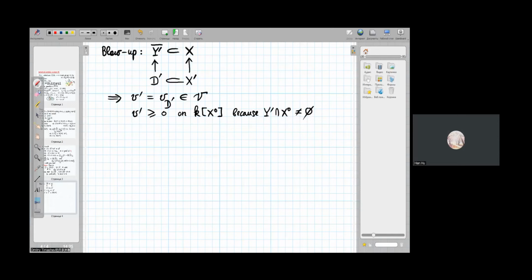So this means that any regular function on X naught is defined on an open subset intersecting this orbit.